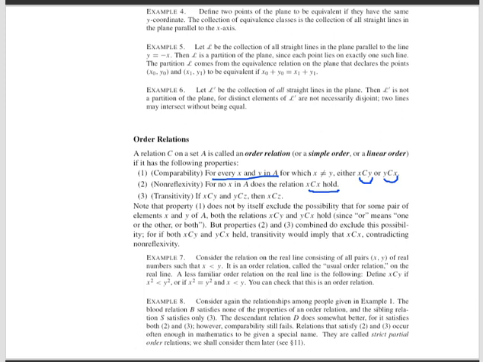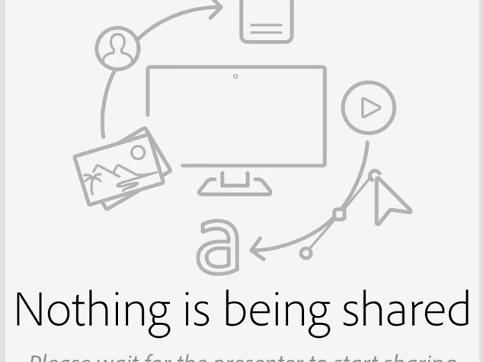I give an example for you. Order. This is an order on R. Okay. For example, we can say that 2 is less than 3. Okay.